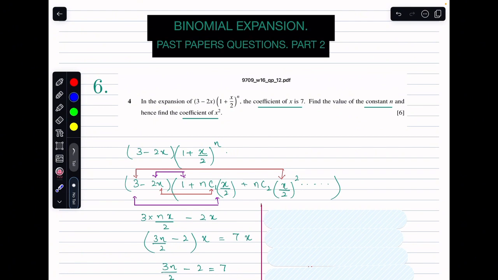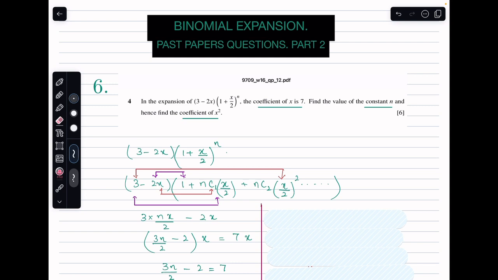And hence find the coefficient of x squared. That means I need to have the coefficient of x squared also. So if I again look at the expansion here, I know that I should multiply 3 by nC2 (x by 2) the whole square, now I do have the value of n. So 3 times nC2 (x by 2) the whole square, and also 2x which gets multiplied by nC1 x by 2, this also shall give me the coefficient of x squared here.